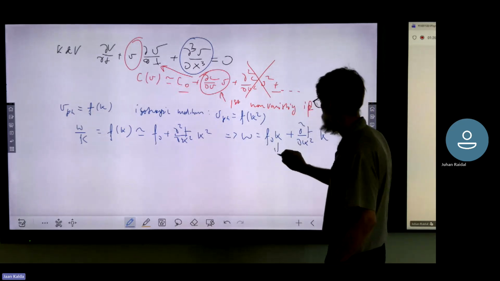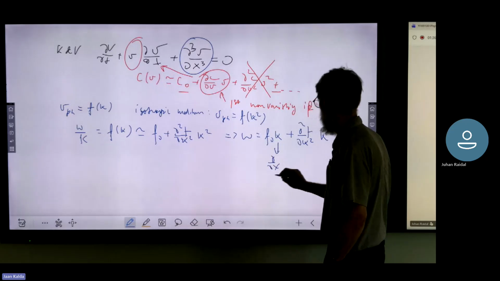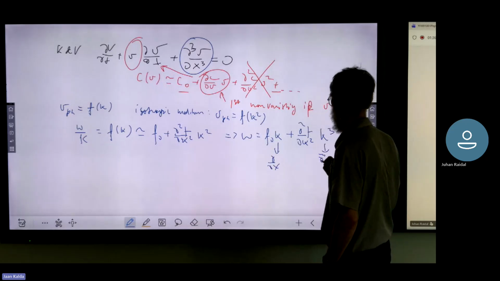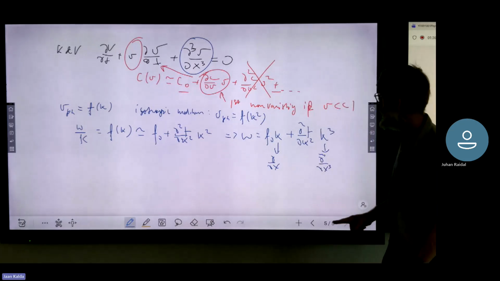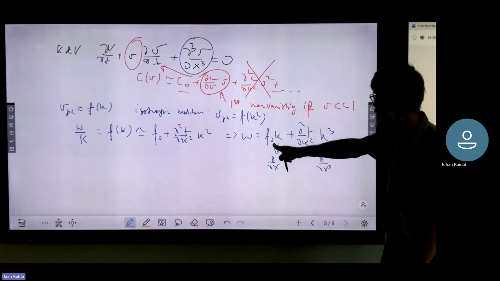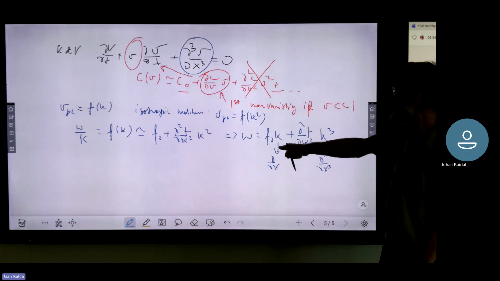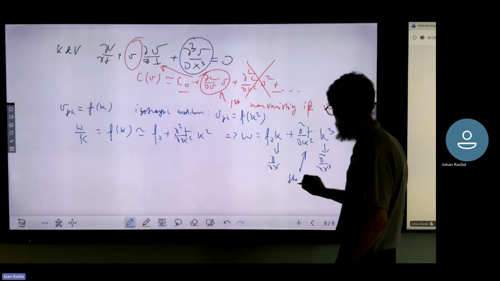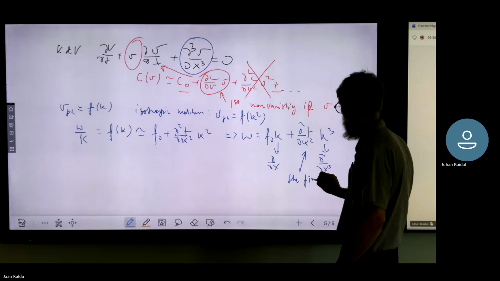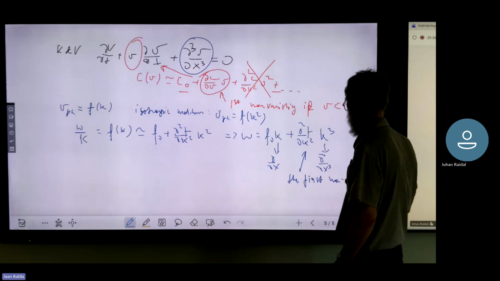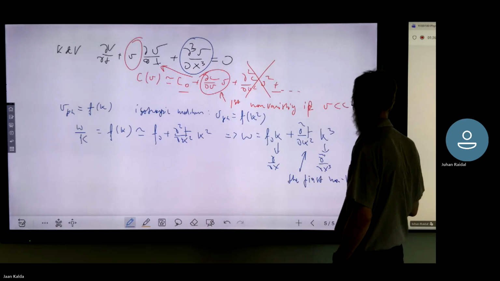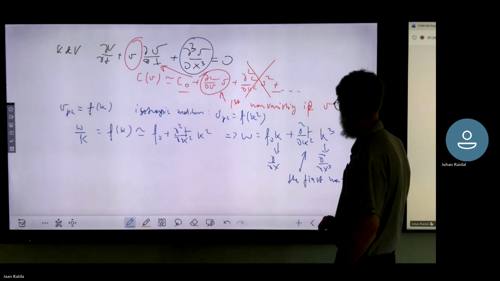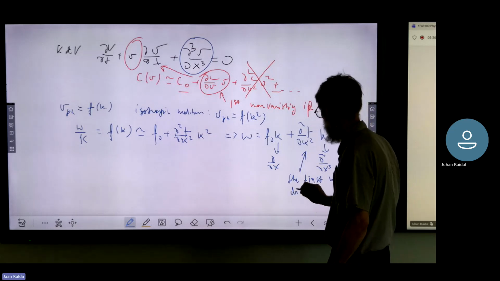And now this goes to d over dx, and this goes to d cubed over dx cubed, right? And this is the non-dispersive term. This is the first non-vanishing dispersive term.